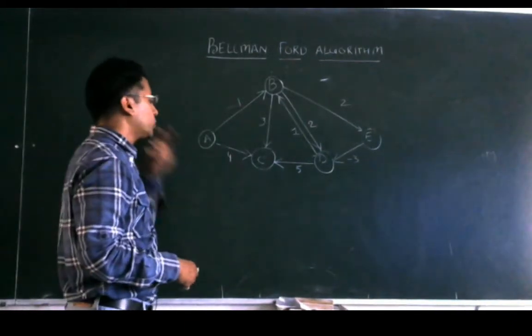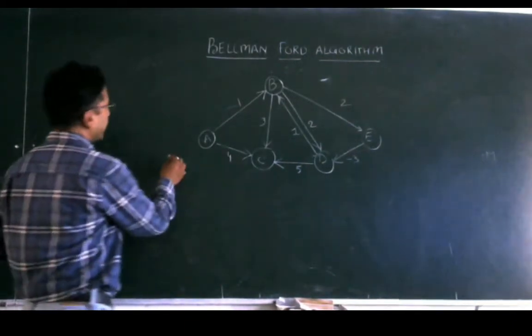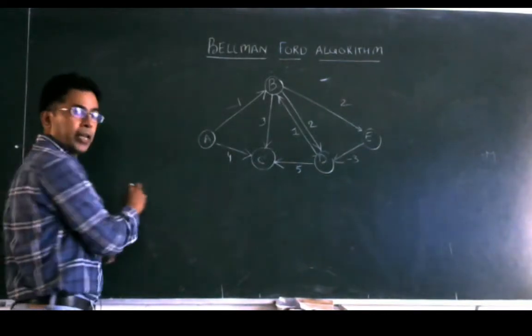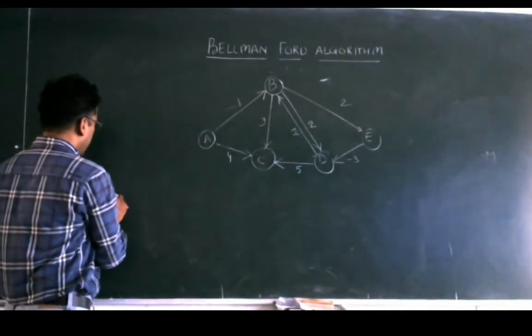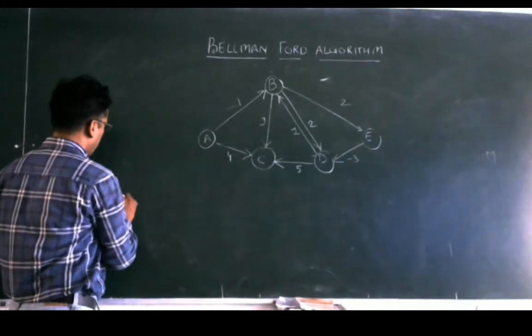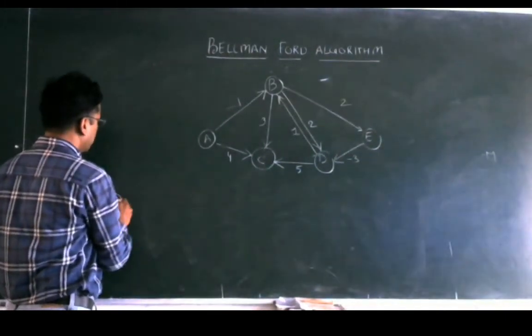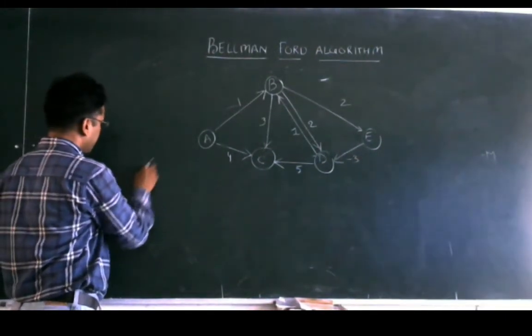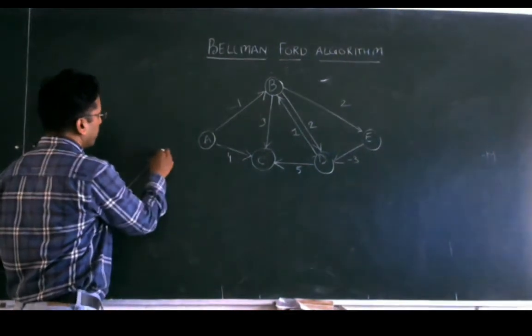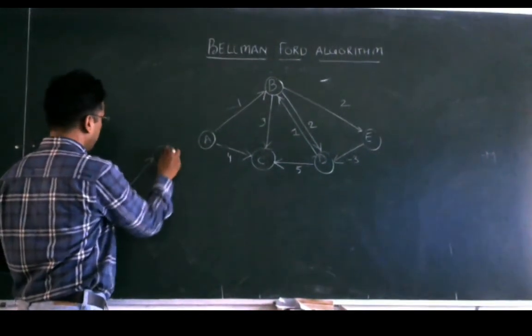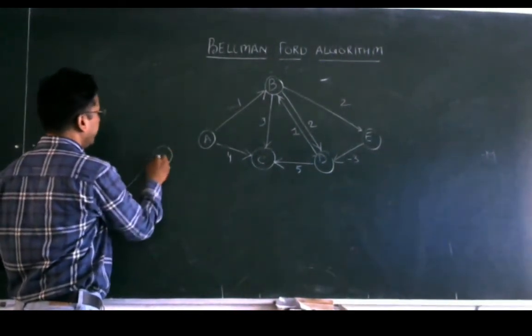Okay. So I am drawing a corresponding diagram. Initially I initialize this diagram again. Here node A with value 0, and all the rest of the nodes will be at value infinity.